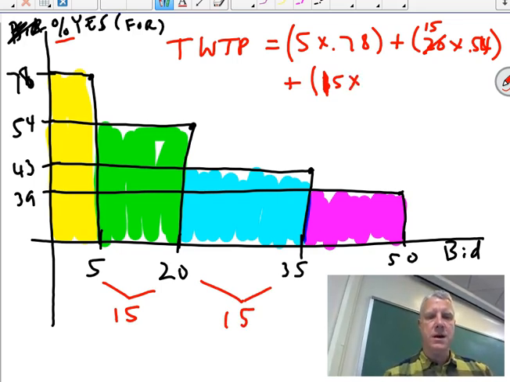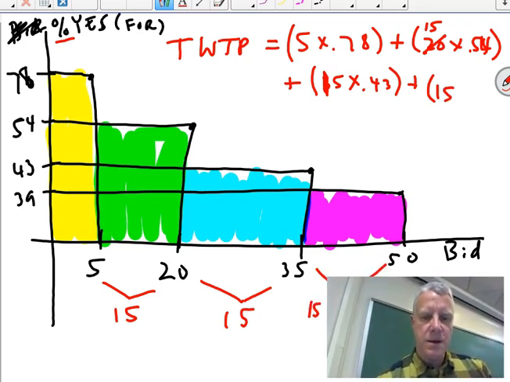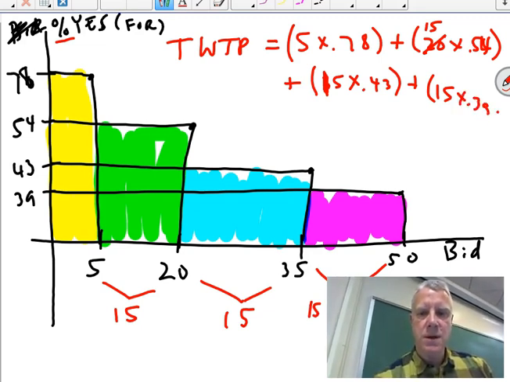So 15 times 0.43 gives us the area of the blue rectangle. And then the purple rectangle, the base is again 15. And we'll multiply that by 0.39.